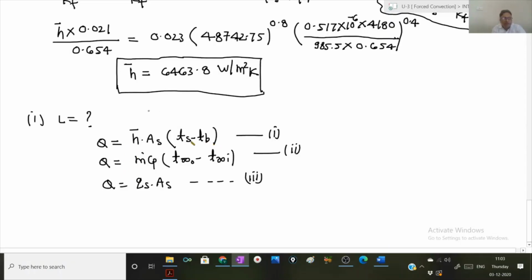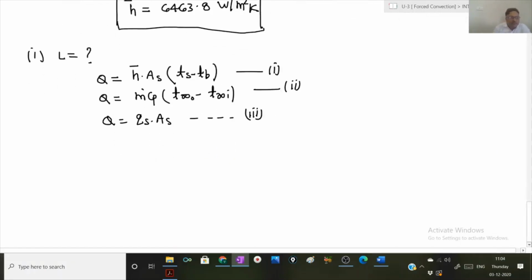H bar is known to me, Ts is known to me, Tb is known to me. What about Q? So if I use equation 2, m dot is known to me, Cp is known to me, T infinity O and T infinity I is known to me. And under steady state condition, both these equations will be same.